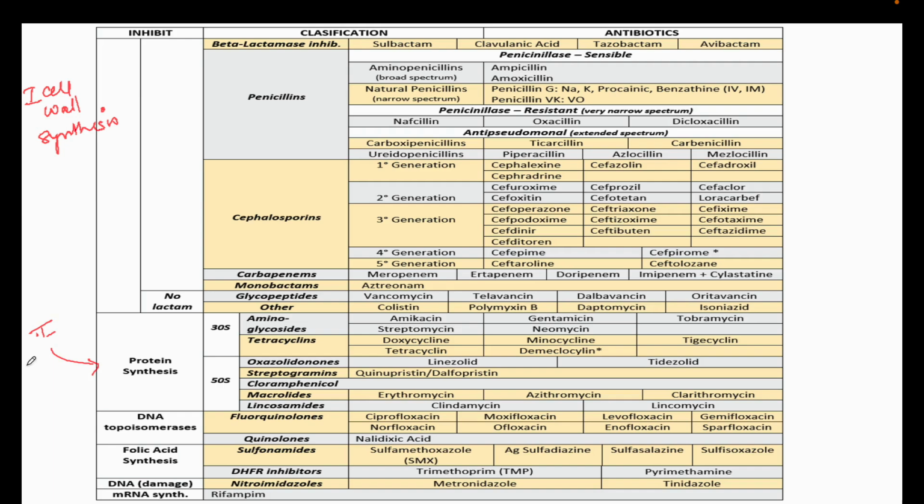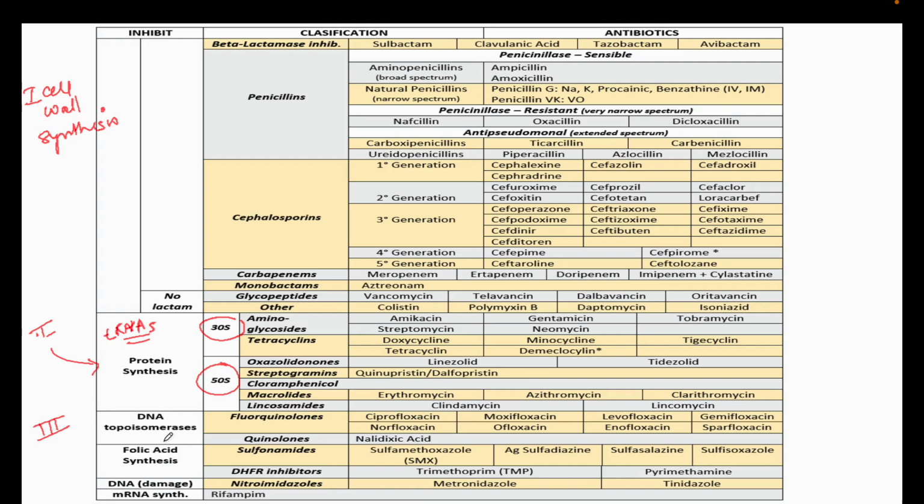They can inhibit protein synthesis either by targeting the 30S ribosome, the 50S ribosome, or tRNA activity. We have discussed this before. The third mechanism of action is DNA topoisomerases.